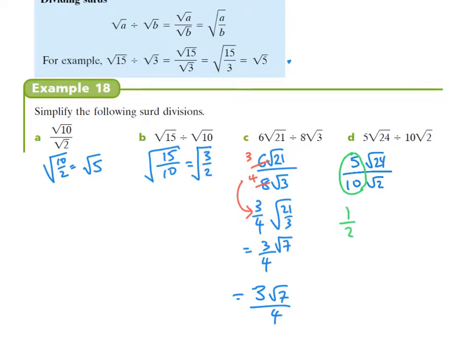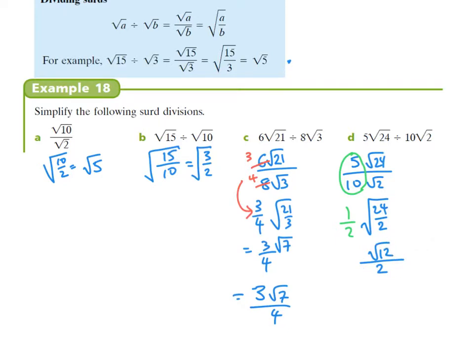Square root 24 over square root 2 is equivalent to square root 12. Now with a half, I can just throw that under 2 like that. That means half of square root 12, or square root 12 divided by 2. Okay, so that's incorporating the half into there.